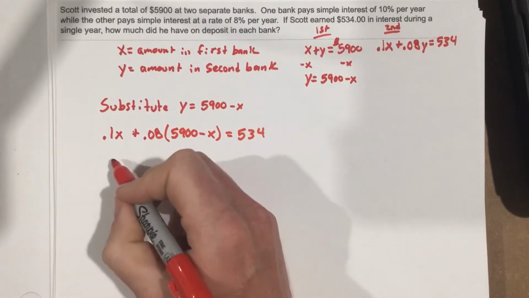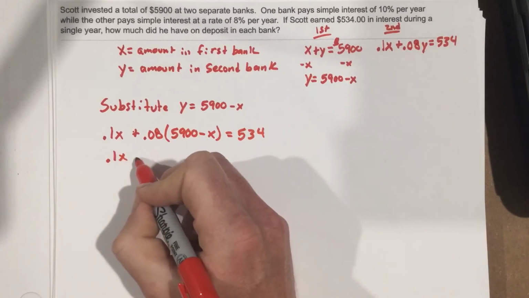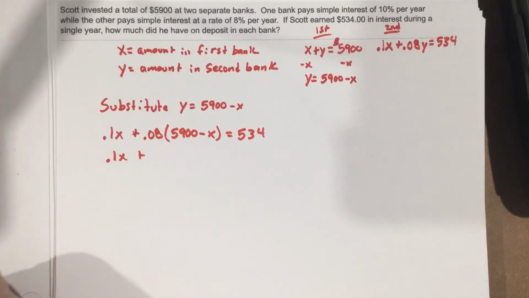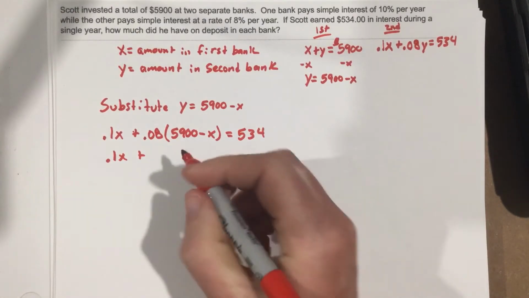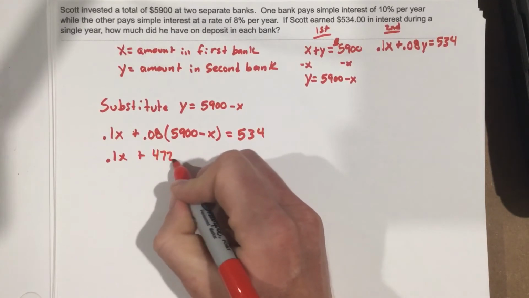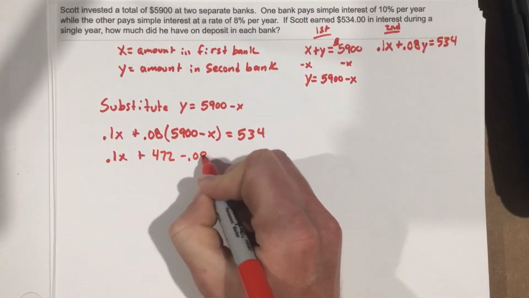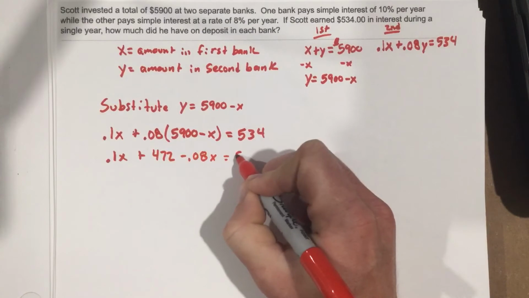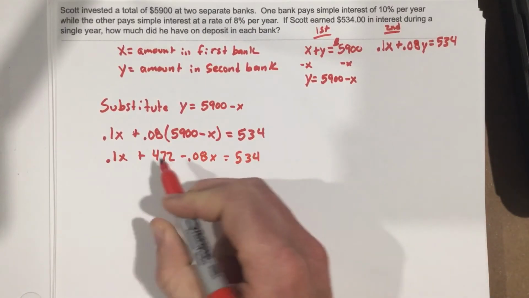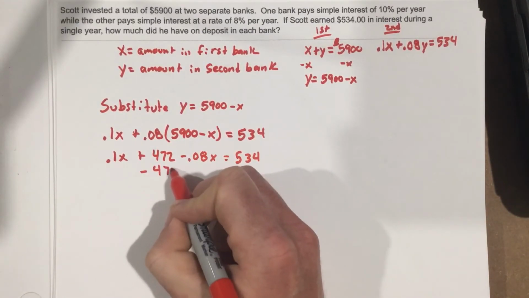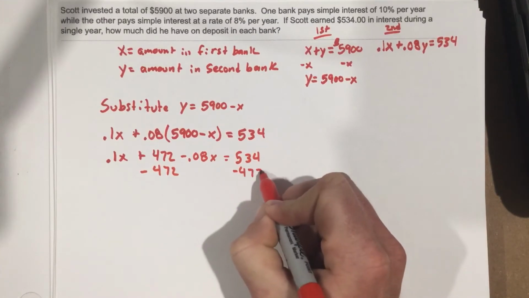Now we're going to distribute, so 0.1X plus 0.08 times 5,900, that's 472, minus 0.08X equals 534.